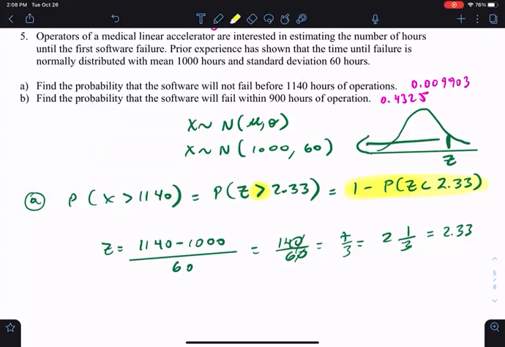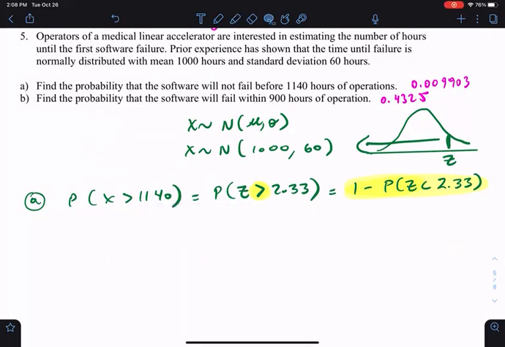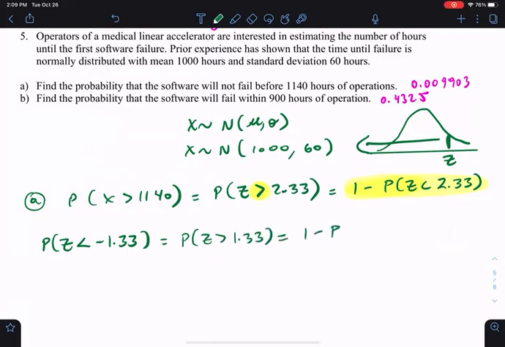Just in case, if they give you something like Z greater than negative 1.33, you can find it in the table because the table has negative values, but in reality, you should transform it: Z greater or equal than negative 1.33 is 1 minus Z less or equal than negative 1.33.